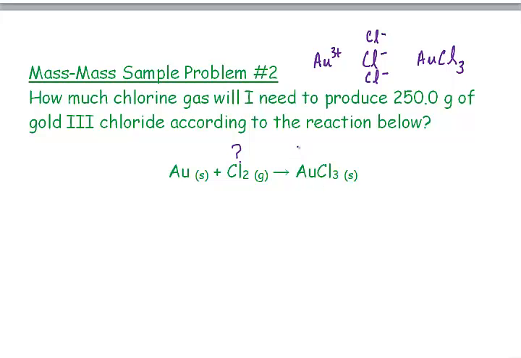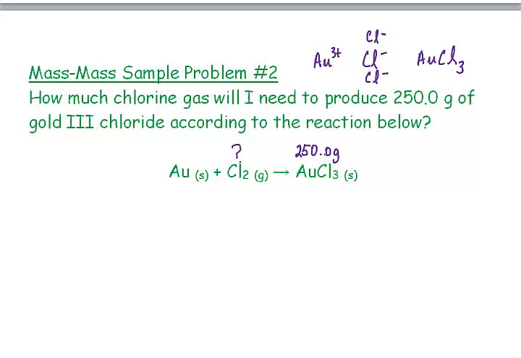Well, I've got 250.0 grams of gold 3 chloride. And the reason I show this as our second sample problem is because this time I'm given a mass of a product and asked to determine how much of a particular reactant would be needed to form that much product.